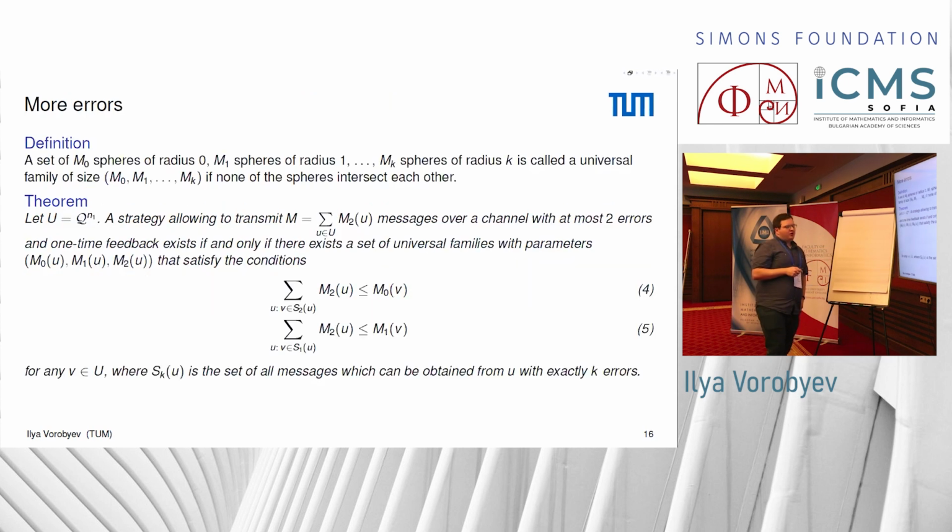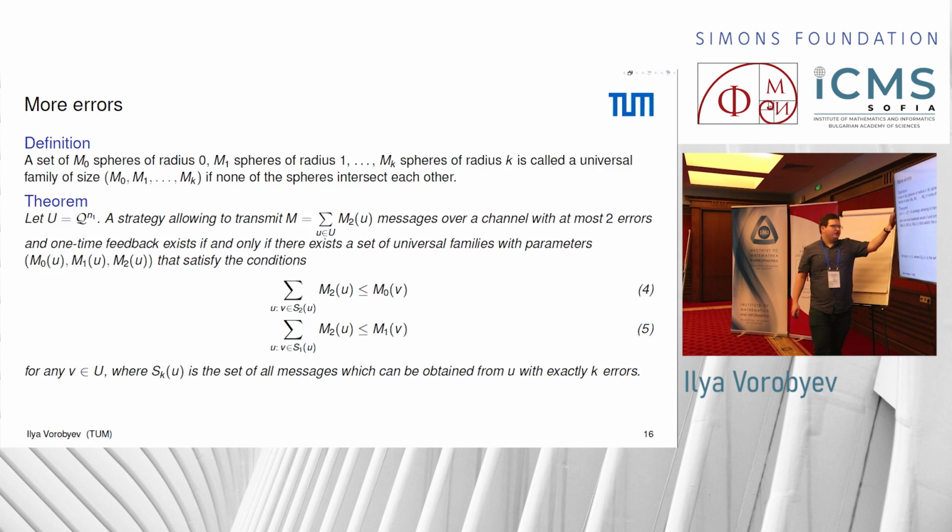Yeah, so now I will talk a little bit about the case when we have more than 1 error, for example, if you have 2 errors. So previously we needed some code and some number of free points. You can think of a free point as a sphere of radius 0 actually. But now we will need a set of spheres of different radii, let's say from 0 to k, and all these spheres shouldn't intersect each other, and we will call such a vector of sizes a universal family.